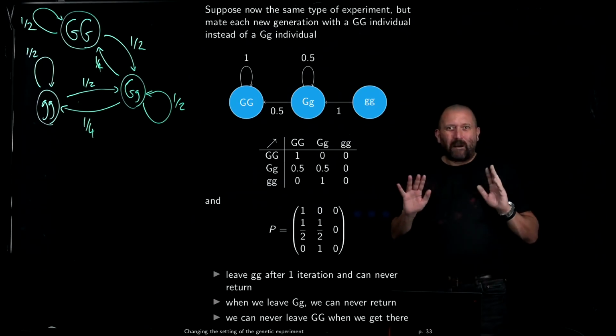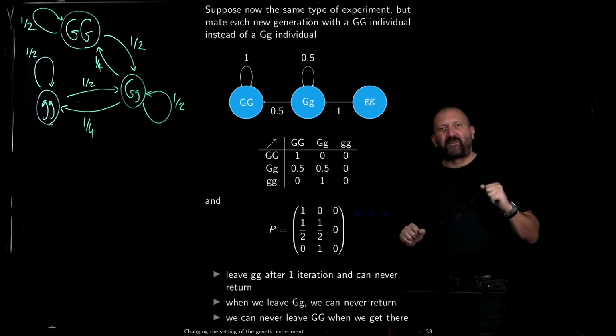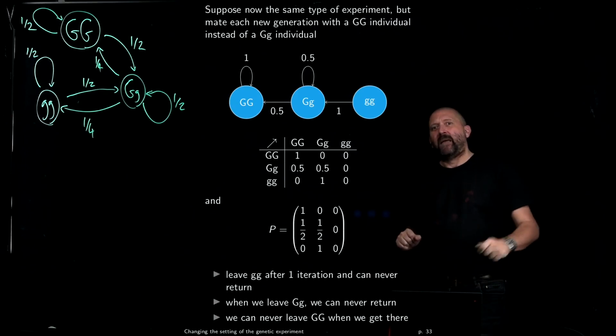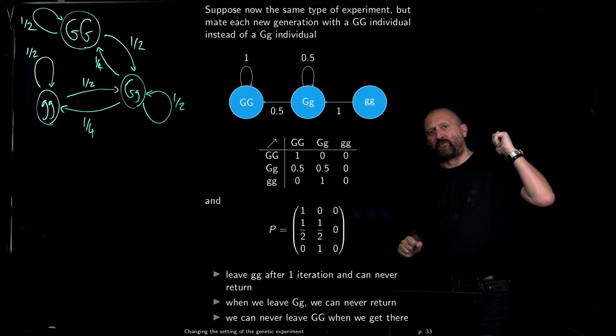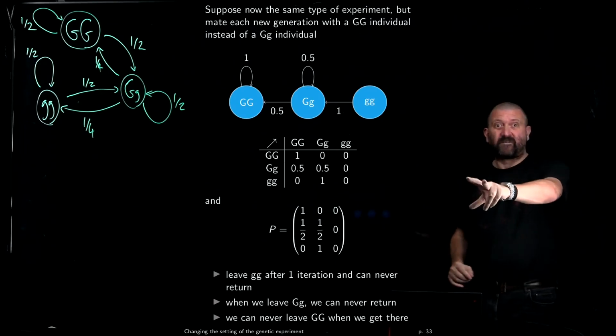Now I'm going to change this experiment that I was doing. Instead of mating each generation with a hybrid, every time I'm picking at random, still the same process.